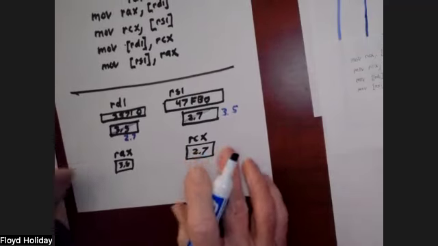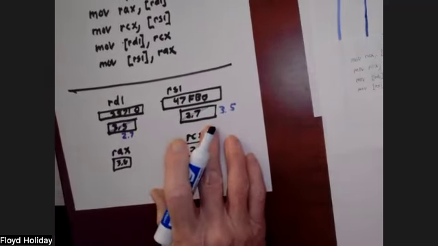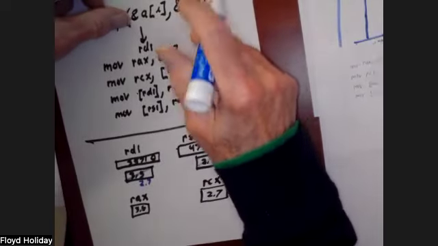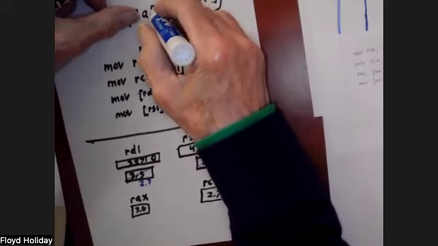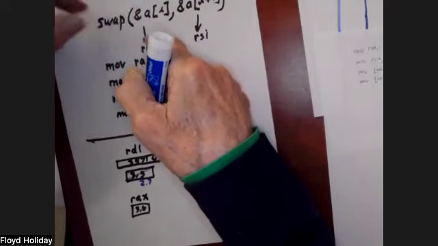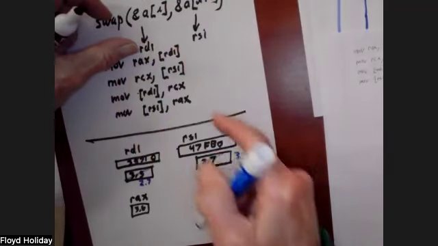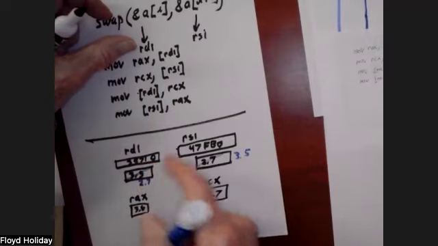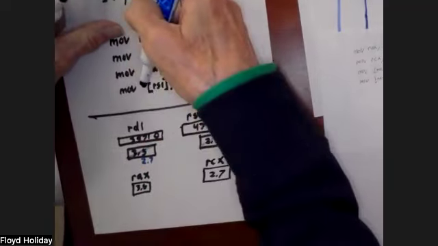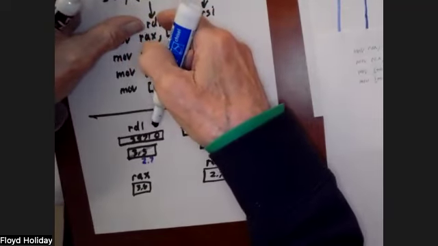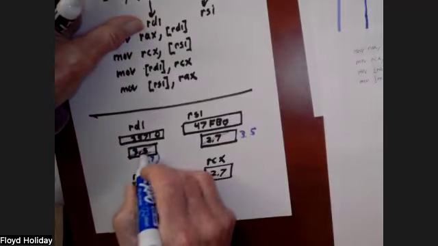Now, when we go back to the array, what is AI? It's RDI dereferenced. It's 2.7. Can you follow that? This address is sitting in RDI, and you dereference RDI. What is it holding in A? It's this one right here.